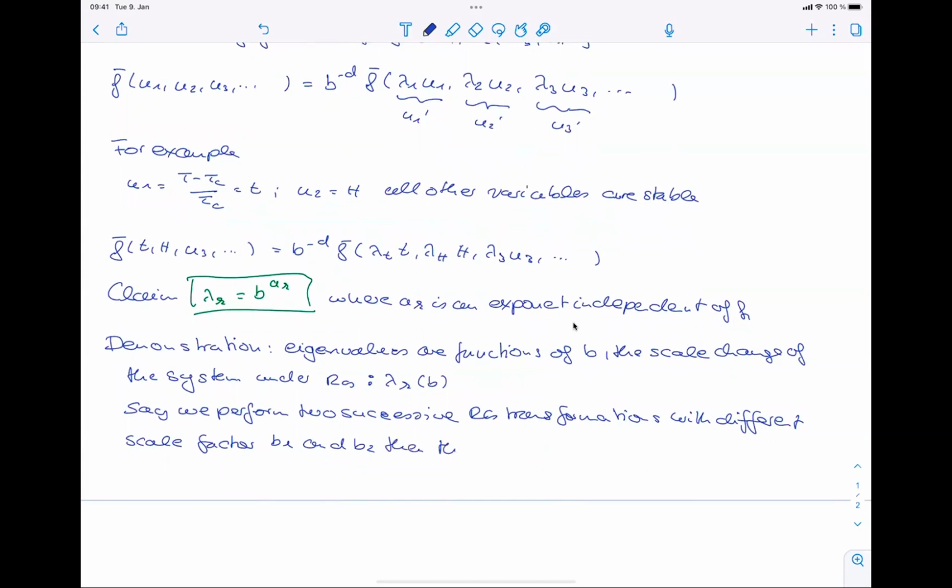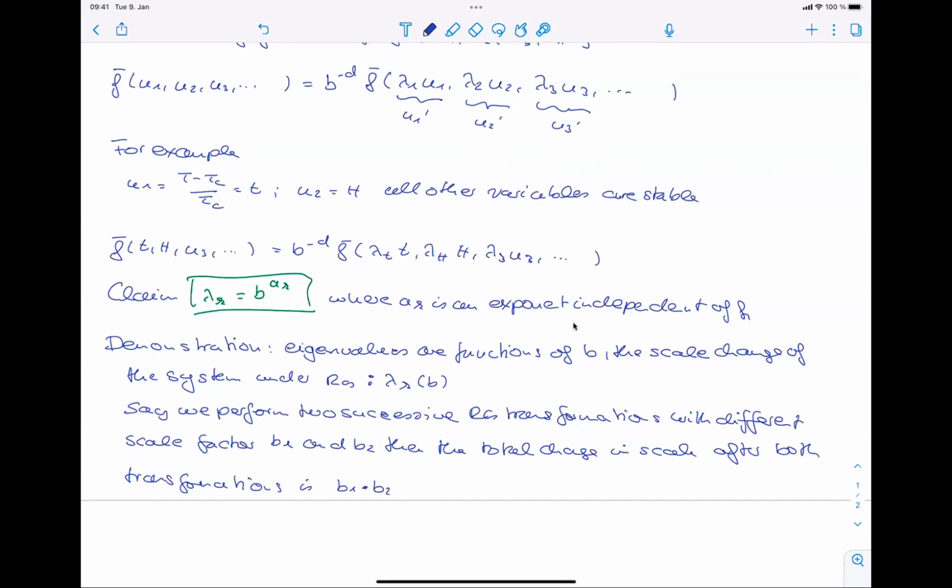Then the total change in scale after both transformations is B1 times B2. Okay?